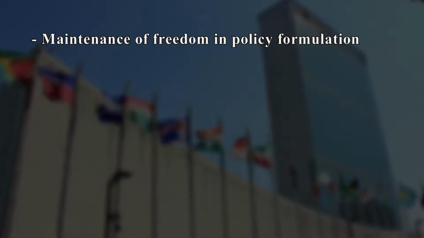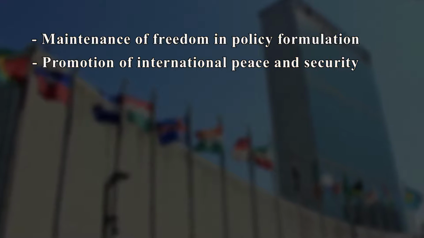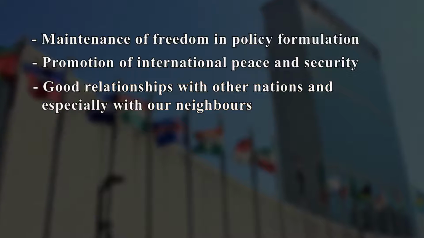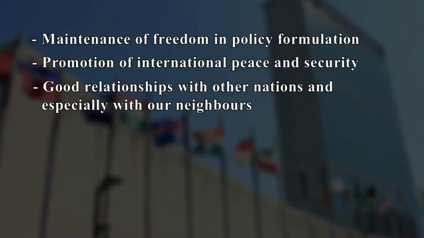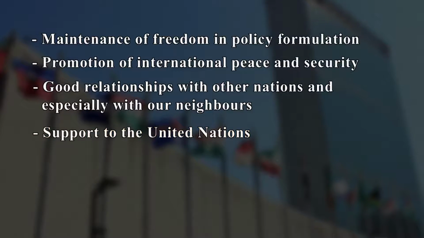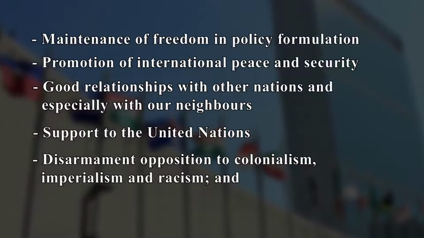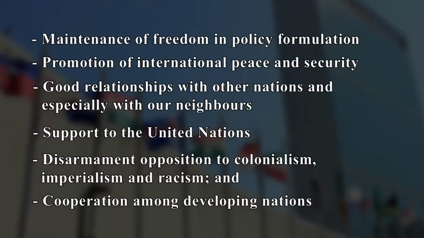In fact, right from independence, the basic objectives of Indian foreign policy have been maintenance of freedom in policy formulation, promotion of international peace and security, good relationships with other nations and especially with our neighbors, support to the United Nations, disarmament, opposition to colonialism, imperialism and racism, and cooperation among developing nations.